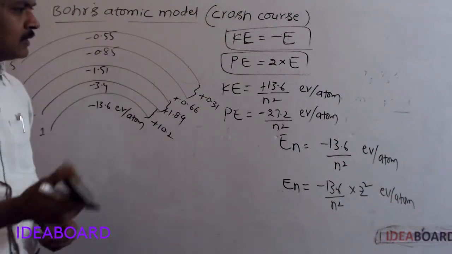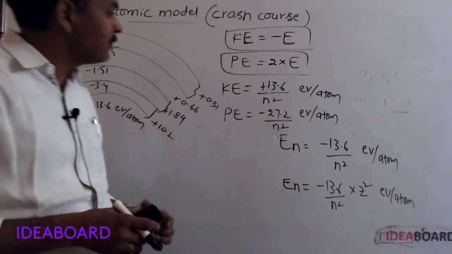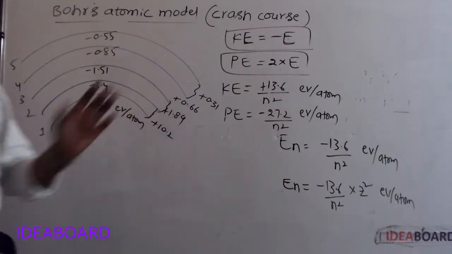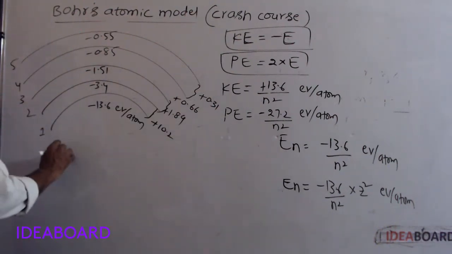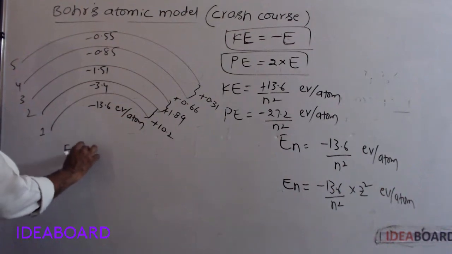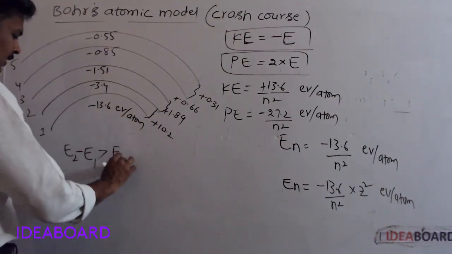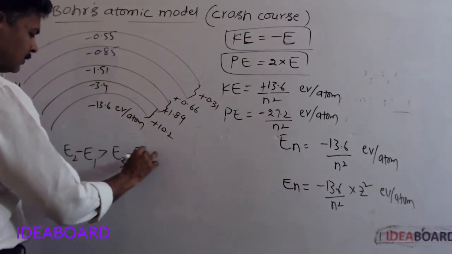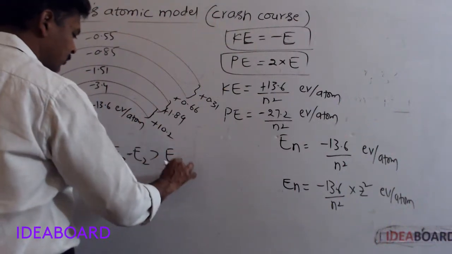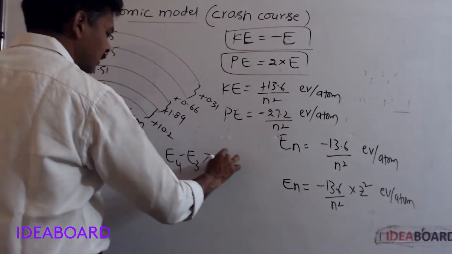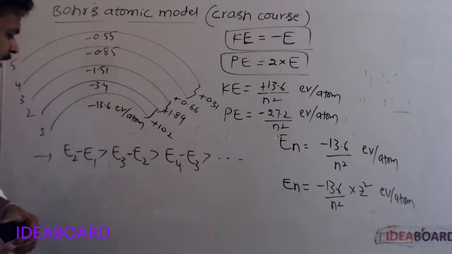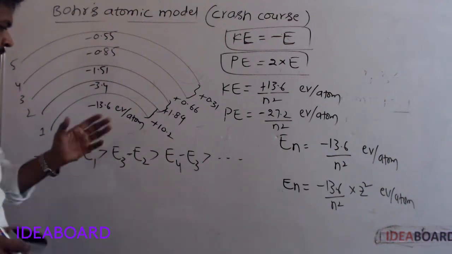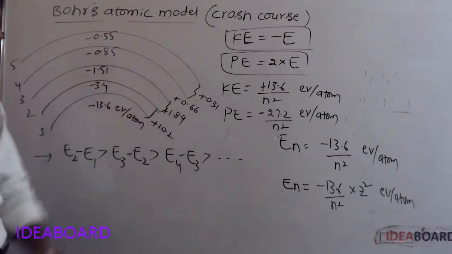As n value increases, the radius difference between two successive orbits increases, but the energy difference decreases. That means E2 minus E1 is greater than E3 minus E2, which is greater than E4 minus E3, and so on.